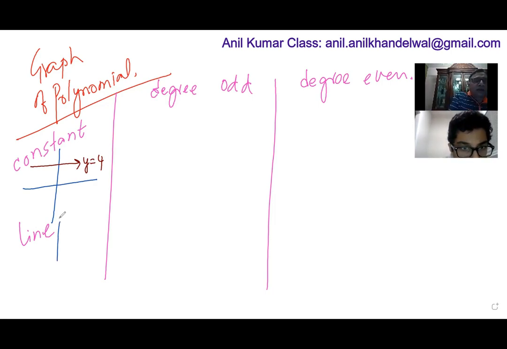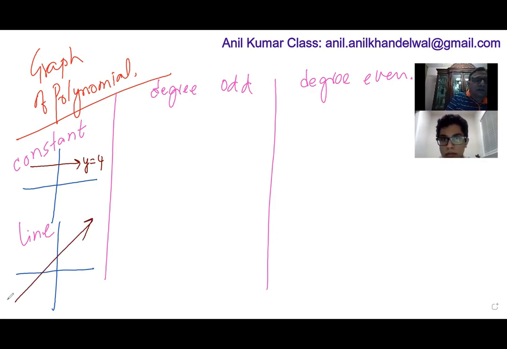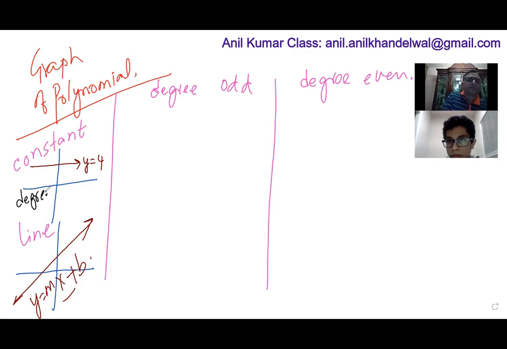And a line is also a straight line, but the lines could be diagonal, vertical, or something like this. In general, y equals mx plus b, so x degree is 1. It's a polynomial of degree 1. This is a polynomial of degree 0. So let's write down the degree here. Degree for a constant is 0, and degree for a line is 1.